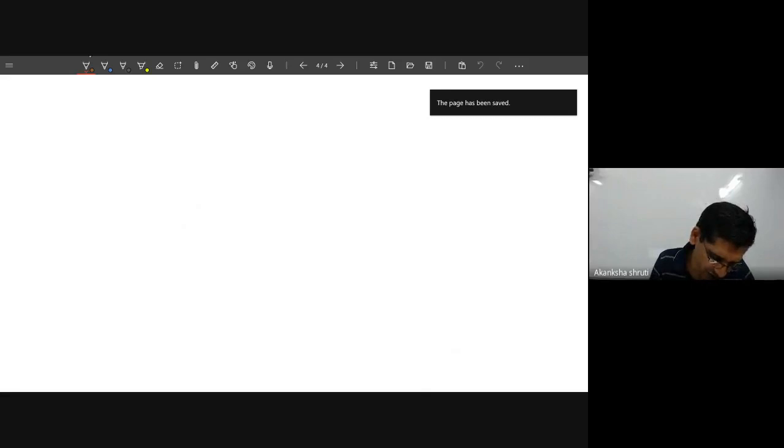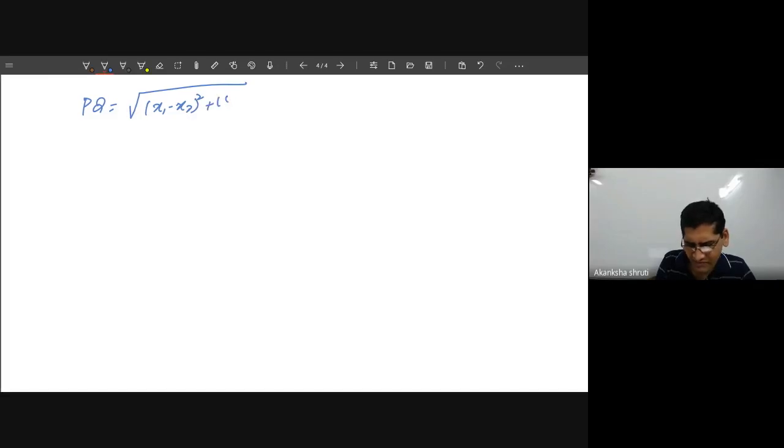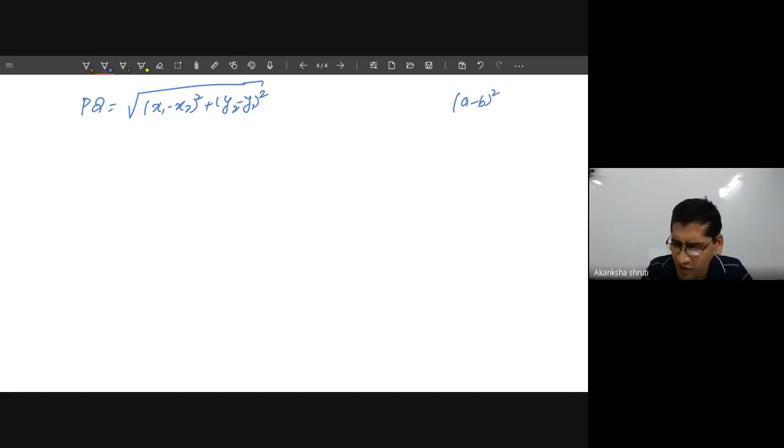So here we have learned that this PQ is given by the square root of x1 minus x2 square plus y2 minus y1 square. Now, a student, a minus b square is how much? And b minus a square is how much?